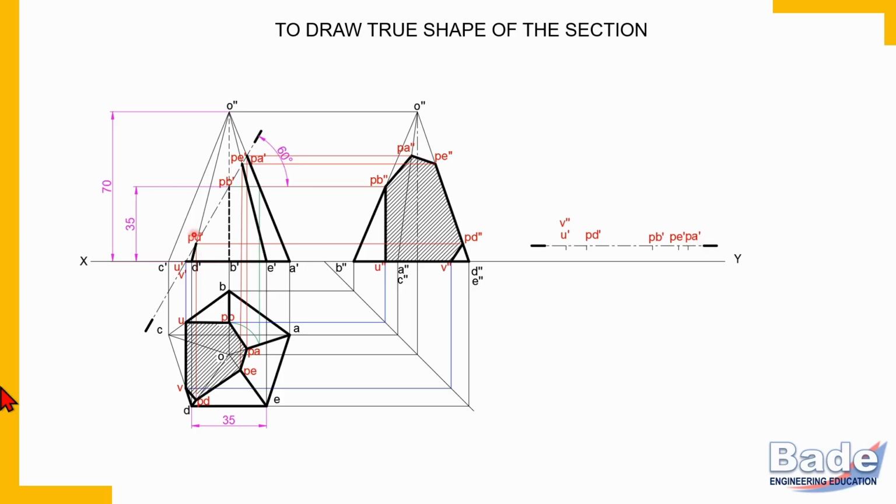Use compass to transfer these distances from original front view to the horizontal cutting line. And then by drawing projectors from all these points. Remember, we are drawing true shape of the section, so only corners of the section are to be transferred here.